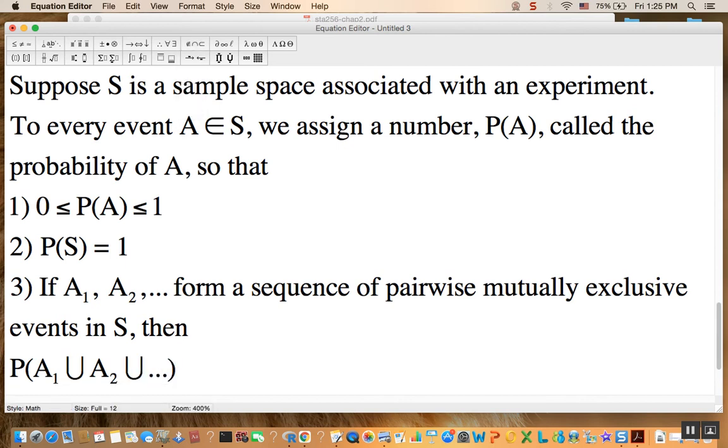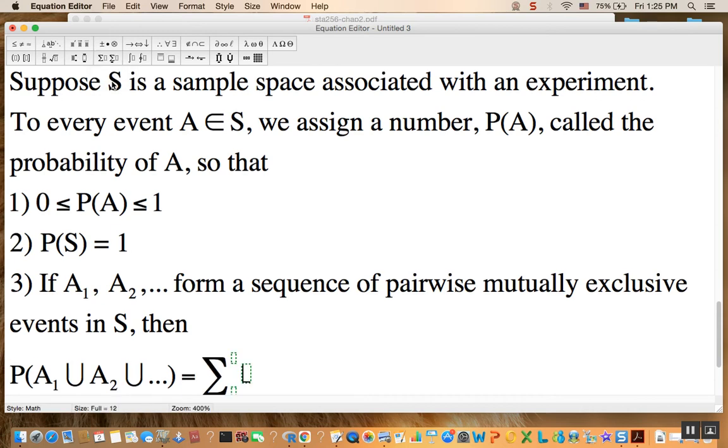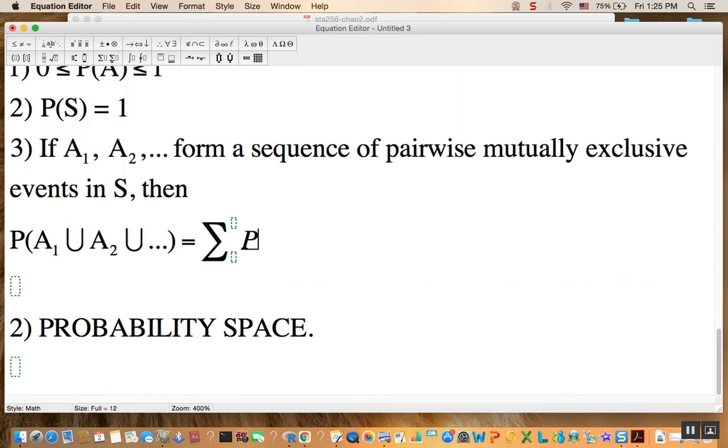We have infinitely many of them, is going to be equal to the sum of the corresponding probabilities. Probability of A sub k, k goes from 1 up to infinity. Make sense?